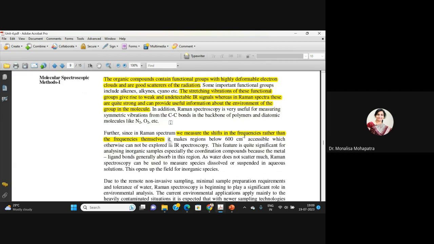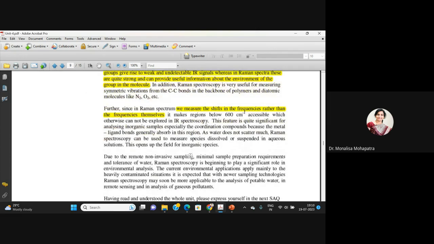Among these, just tell us which are IR active. Then the question will be A will be this, B will be this, C will be this. Out of this, just tell which are IR active but Raman inactive. So quite often you get this kind of question if you are preparing for NET GATE or for any exams where chemistry spectroscopic tools are involved.